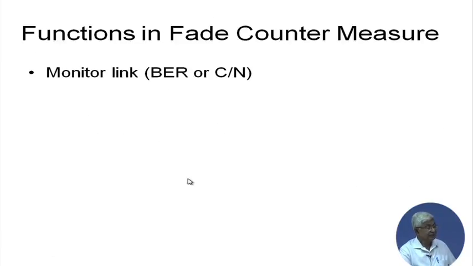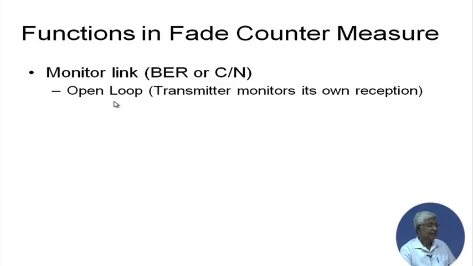Now, the function of fade countermeasure or mitigation is, first you monitor the BER or C by N. That is possible with open loop, where the transmitter monitors its own reception. So, the transmit path is going to the satellite, and the satellite is rebroadcasting back, so some power is coming back, assuming the transmitter and receiver are both in the transmit receive antenna gain contour, the coverage of the satellite.